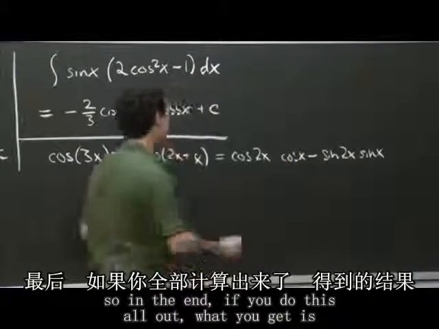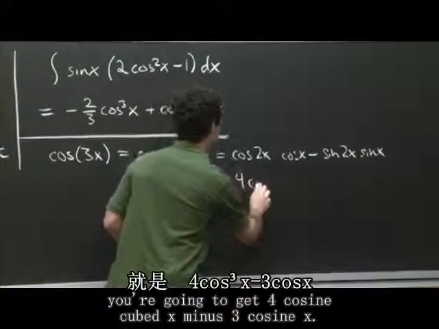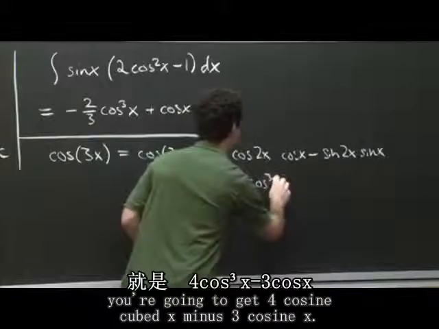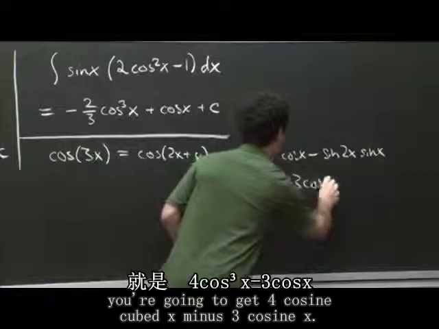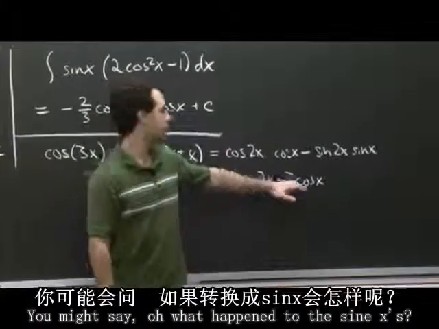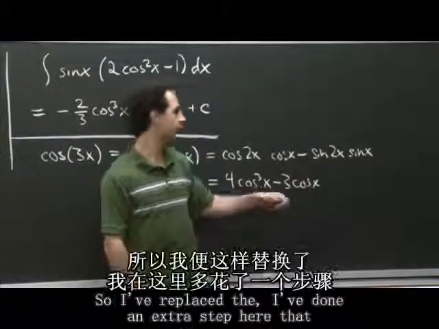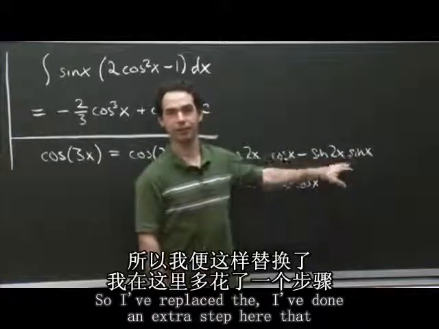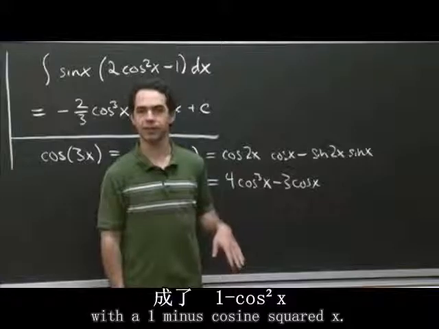In the end, if you do this all out, you get 4 cosine cubed x minus 3 cosine x. You might ask, what happened to the sine x's? We get a sine squared x, and I want to write everything in terms of cosine. So I've done an extra step here that I'm not showing, where I replace the sine squared x with 1 minus cosine squared x.